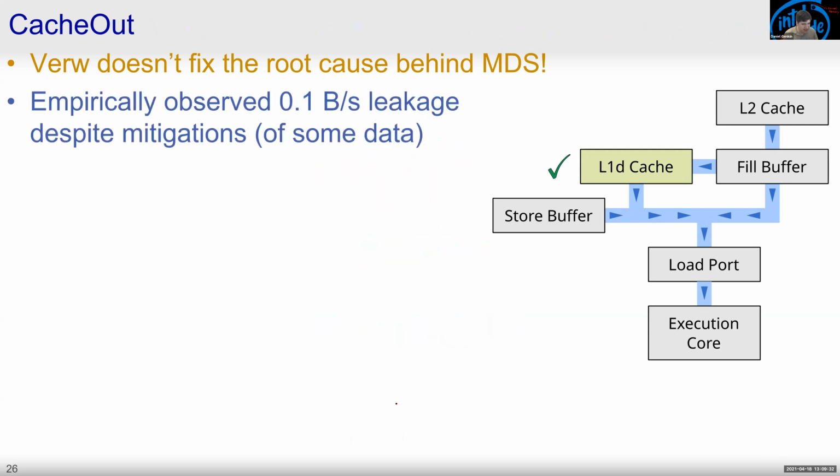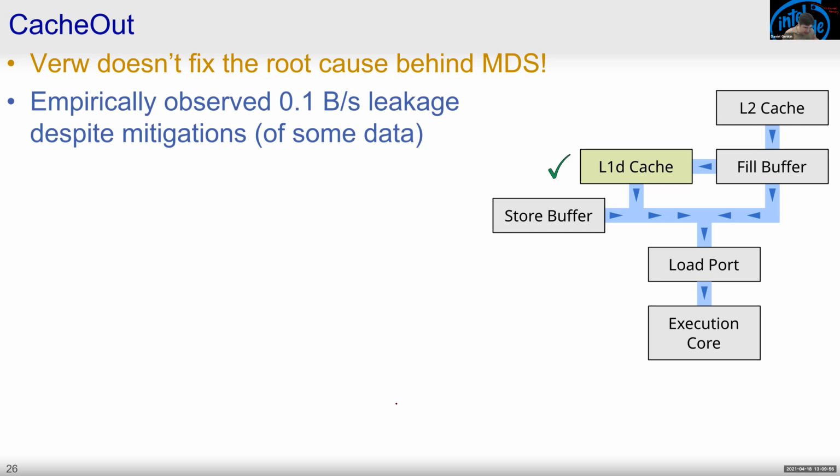When we started running our unit tests, we empirically observed 0.1 bytes per second of leakage, despite VERW mitigations. So let me tell you what this means. 0.1 bytes per second of leakage means 1 byte per 10 seconds. In computer time, it's an eternity.